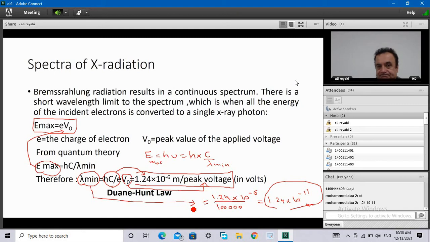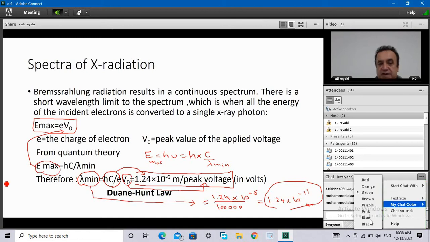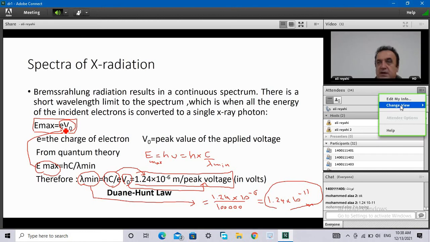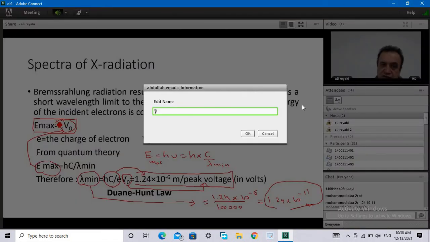Again, we want to compute the maximum energy of X-ray that is produced in an X-ray tube. We know that all of the energy of the electron, computed by this formula, can be converted to X-ray.